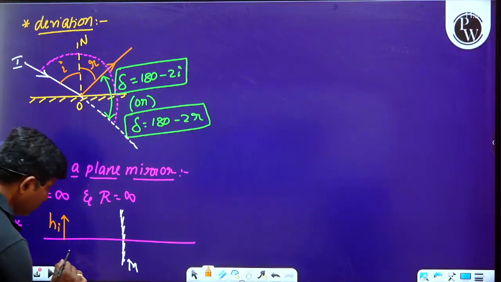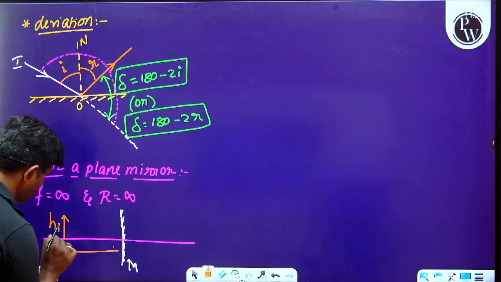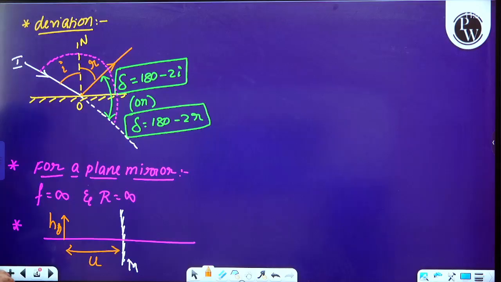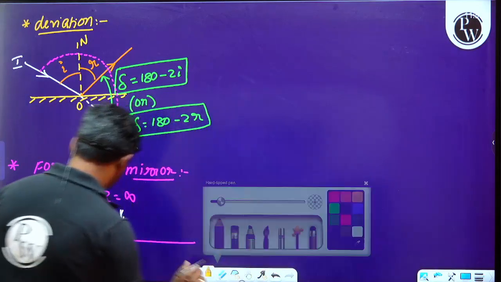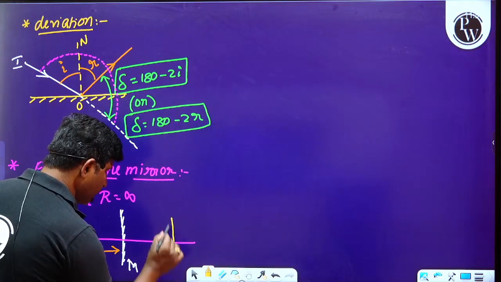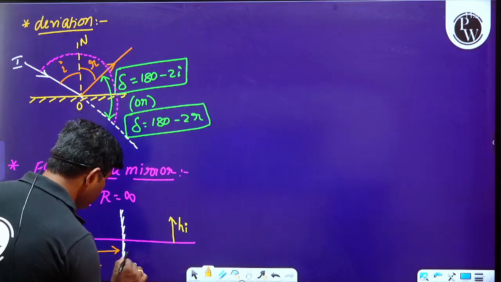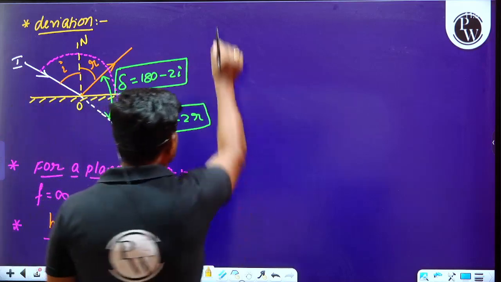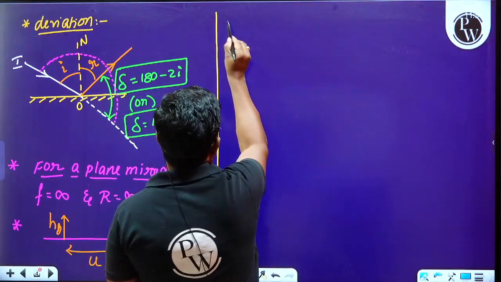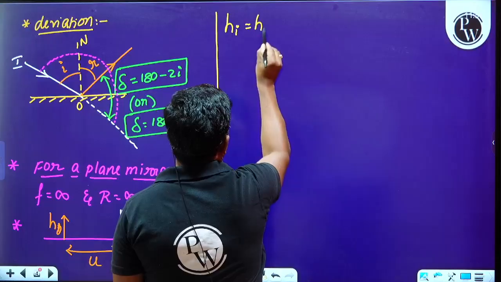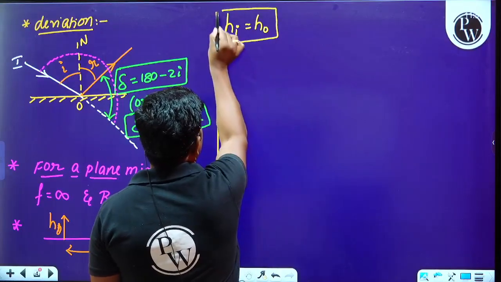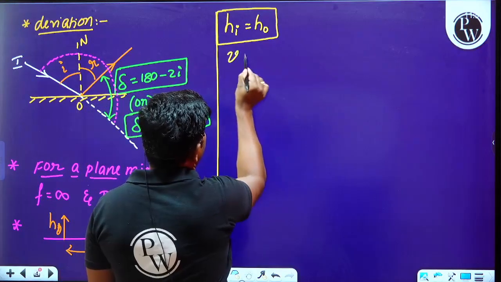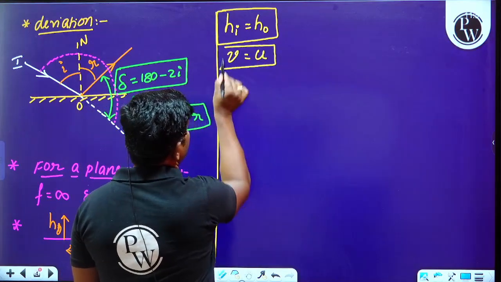HO is the height of the object, which is located at a distance u. HI is the height of the image, which is formed at a distance v. For a plane mirror, HI is equal to HO, that is, height of the object is equal to height of the image. Also image distance is equal to object distance, v equals u.